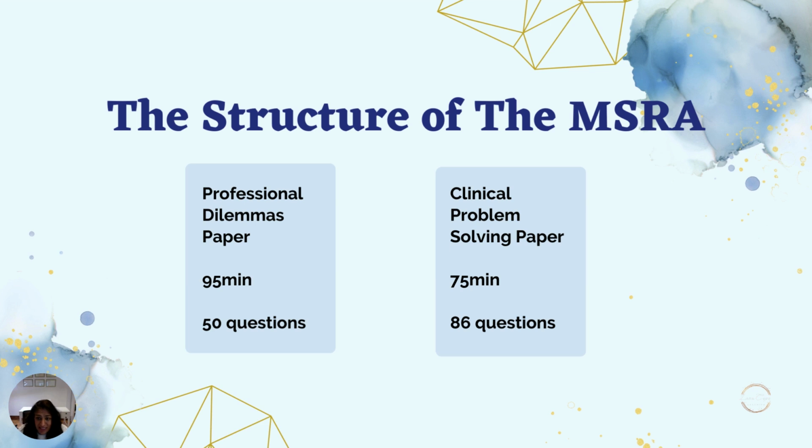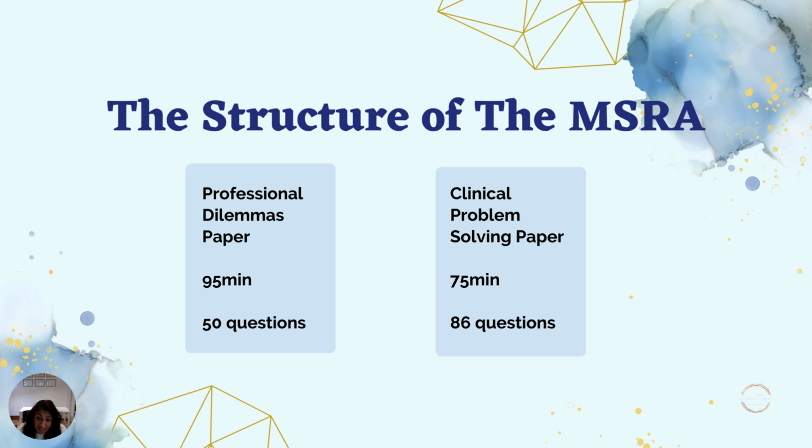So the SJT is an assessment method which measures how candidates believe they should behave when posed with a challenging professional dilemma. The professional dilemma test is a measure of aptitude for entry to specialty training. It is set within the context of the foundation program, with the candidate assuming the role of an F2 doctor.